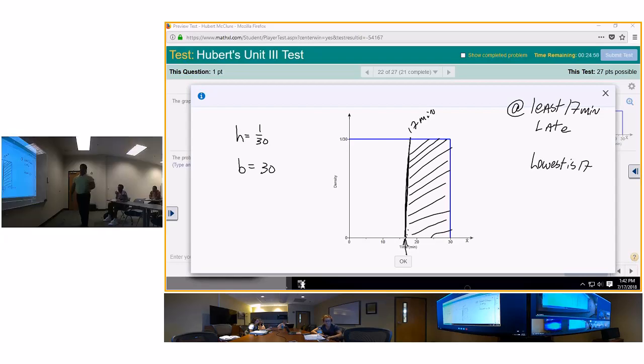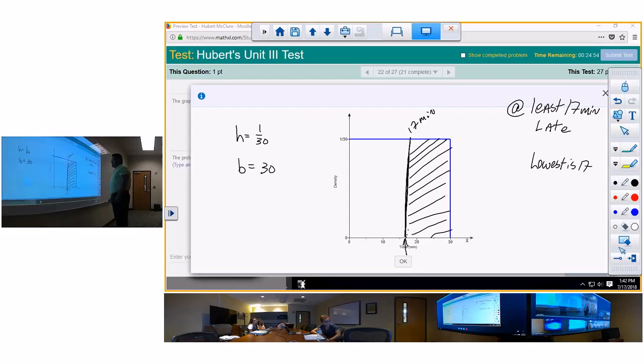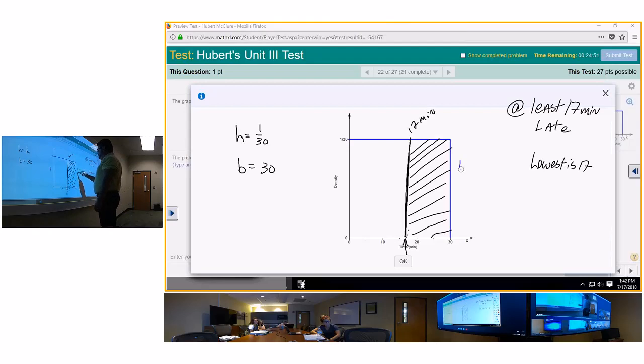So, you know that the height is 1 over 30. I'm going to do this in another color because this is our actual question. So we know this is 1 over 30, and what's our base? Well, what's 30 minus 17? So this is 13 minutes. So, 13 over 30. Somebody give me that to 4 digits.